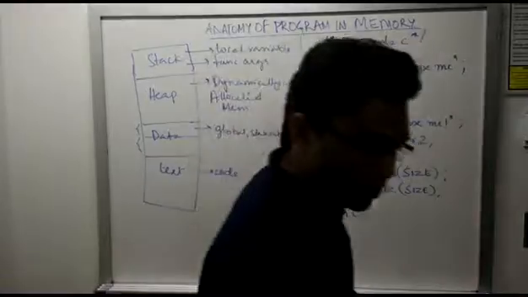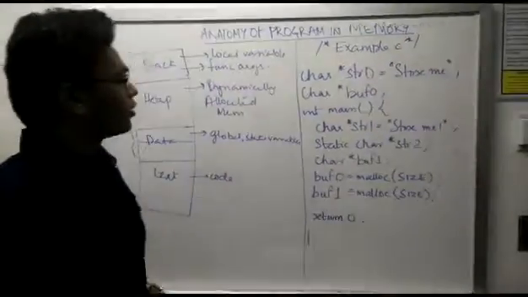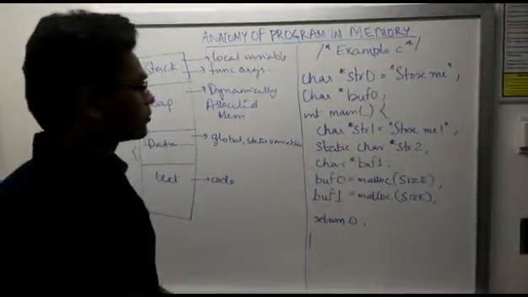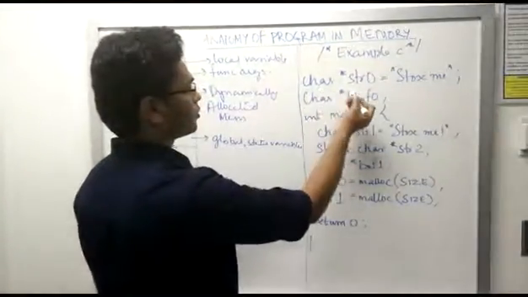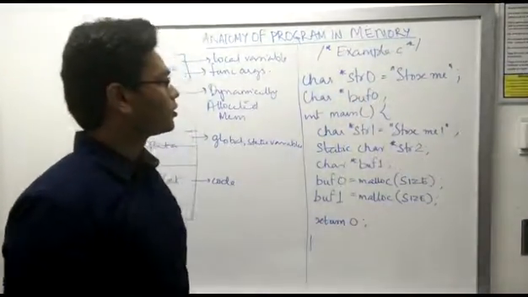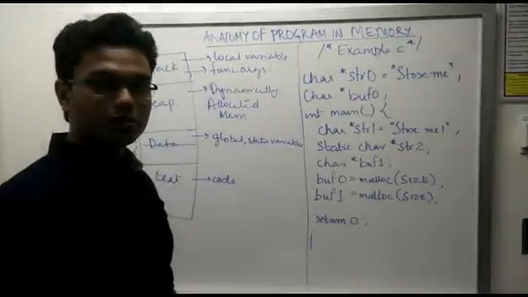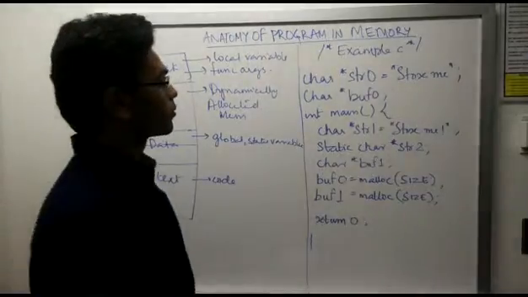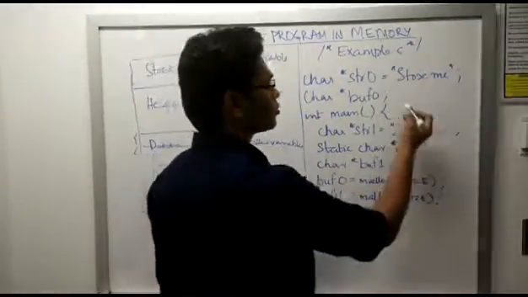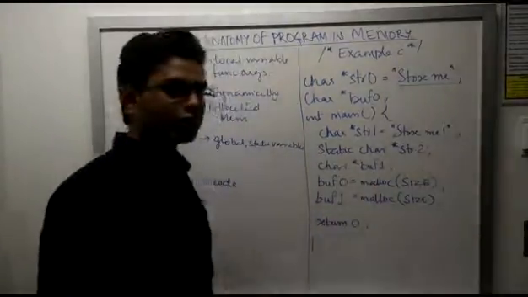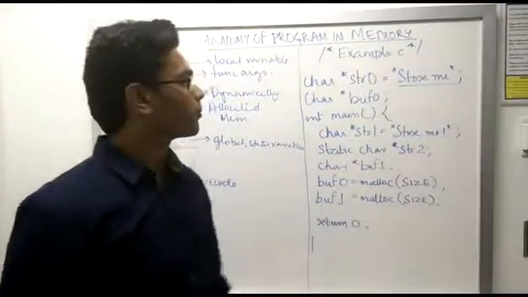So now let's just go through the example code and see where each variable comes from to get a clearer picture. My first variable is string 0. It's a global variable. It's defined outside the scope of a function, and it also has a string associated with it, so even the string will need memory.